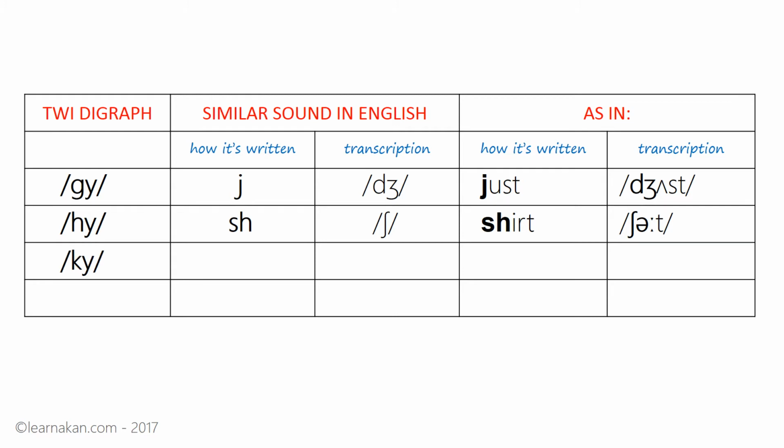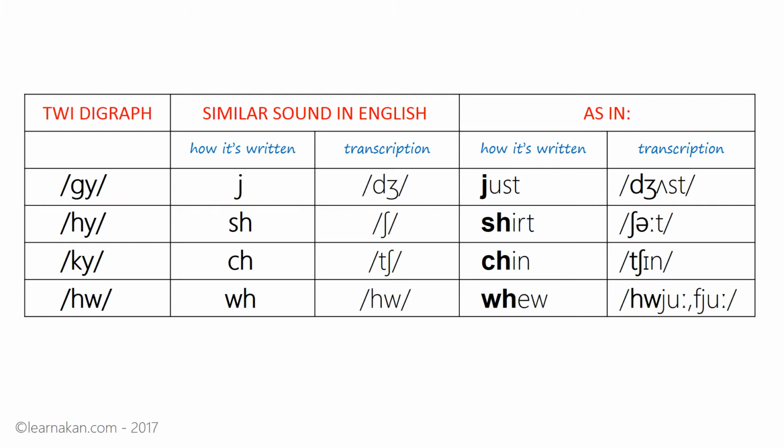Ch, ch, ch. Again, a similar sound in English is the ch sound that you find in a word like chin. The closest sound to this in English is the sh sound that you make when you do phew.